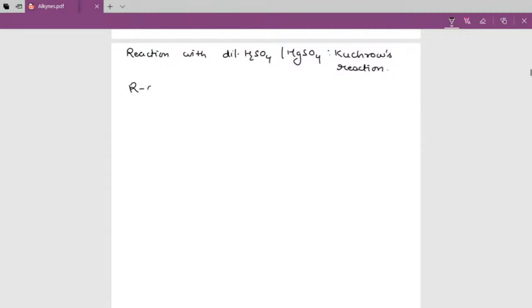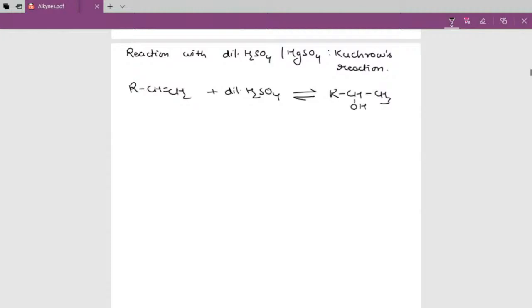Now let me first remind you that when it was alkenes and we had reaction with dilute H2SO4, it was a reversible reaction in which Markovnikov addition of water took place, and as a result, alcohols were formed.